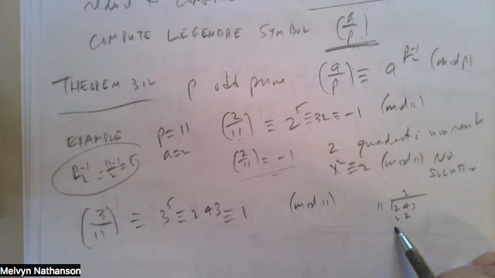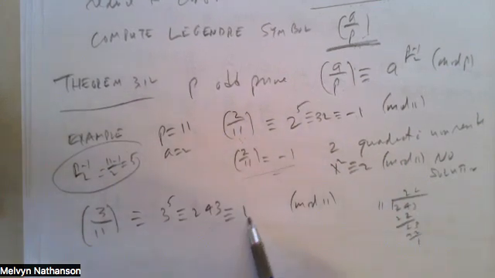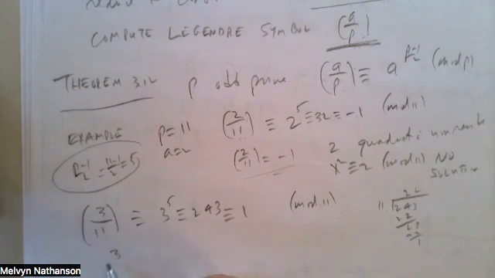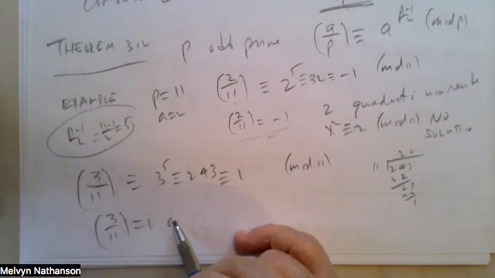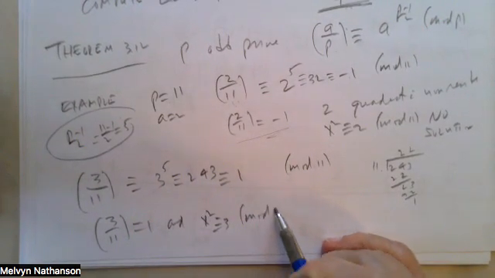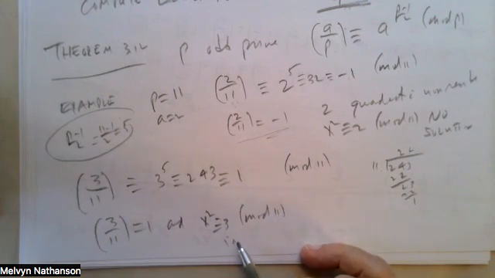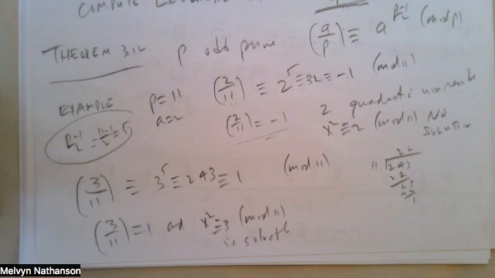This goes twice, 22, 23. This goes twice, 22. Leaves a remainder of 1. So 3 over 11 equals 1. And x squared congruent to 3 mod 11 has a solution. It's solvable.